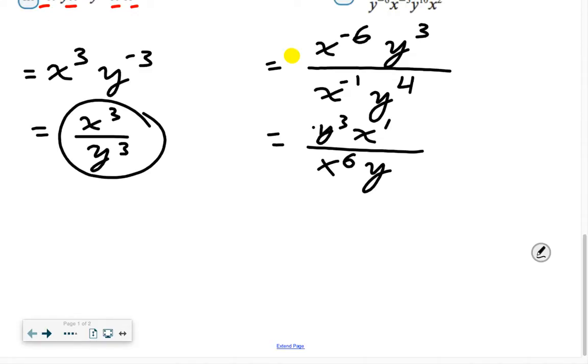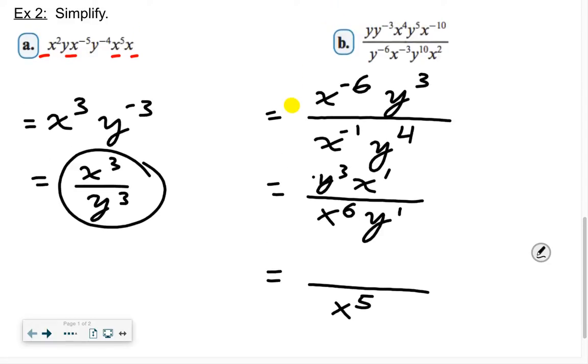And at this point, 1 x on top, 6 down below, so one of those pairs cancel out, leaving us with 5 x's down below. 3 y's on top, 1 y down below. And I believe, did I make a mistake somewhere? 4 y right here?